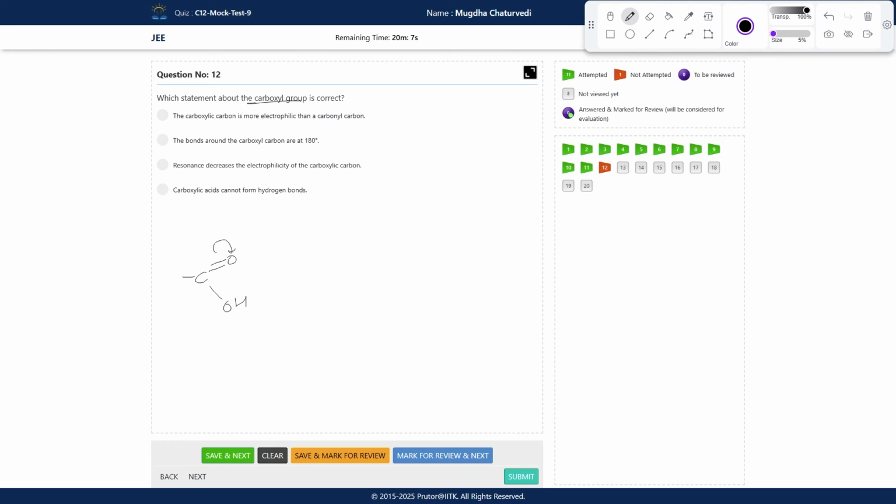If this goes here, you see the resonating structures. Here this O has negative, and over here OH. This oxygen has lone pairs when it goes here. So this is CO minus double bond OH plus. This is the resonance in the carboxyl group.